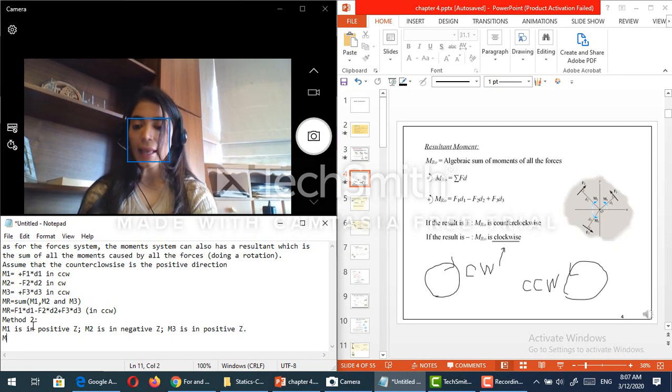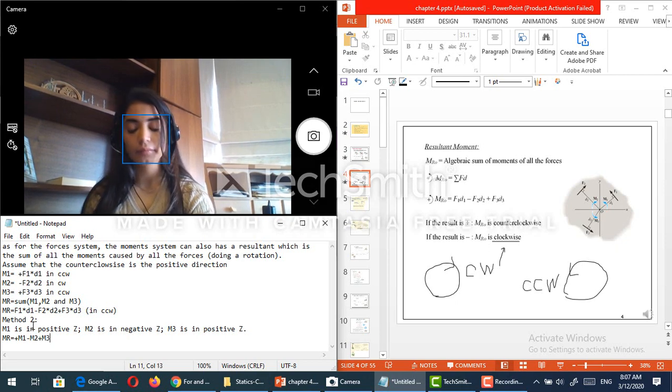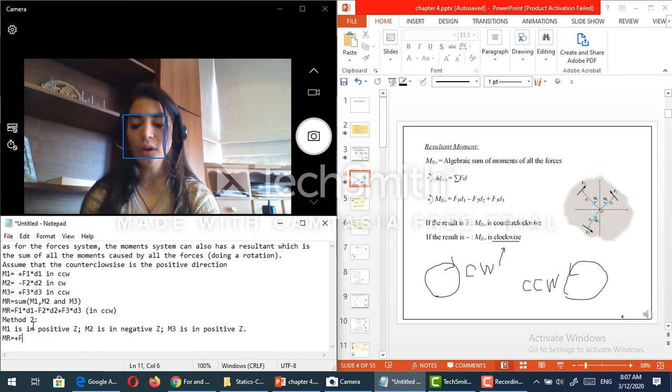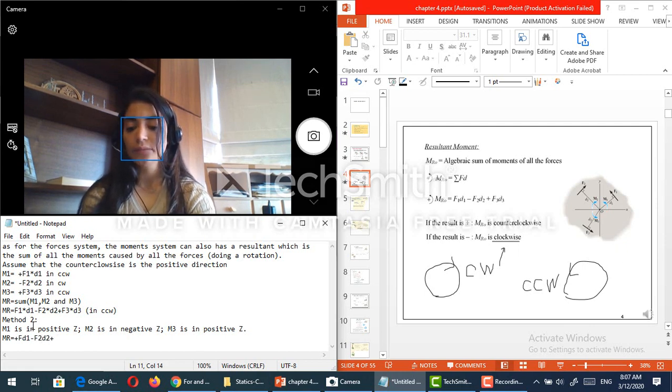Therefore, guys, M resultant in the positive z is equal to plus M1 minus M2 plus M3, or plus F1 d1 minus F2 d2 plus F3 d3.